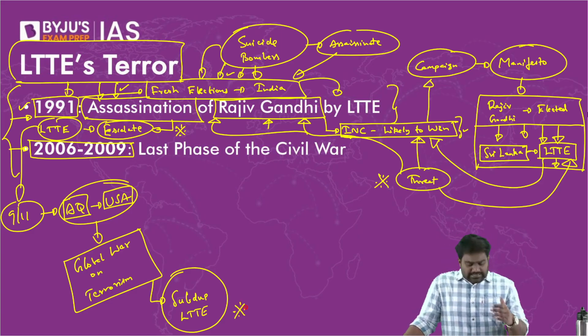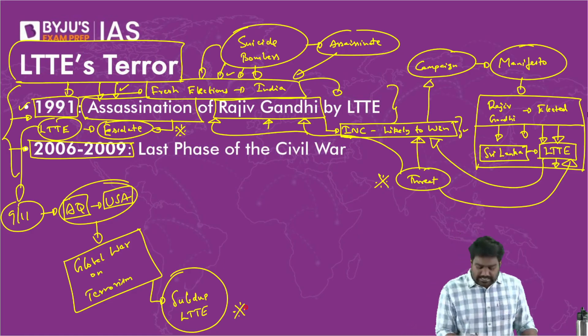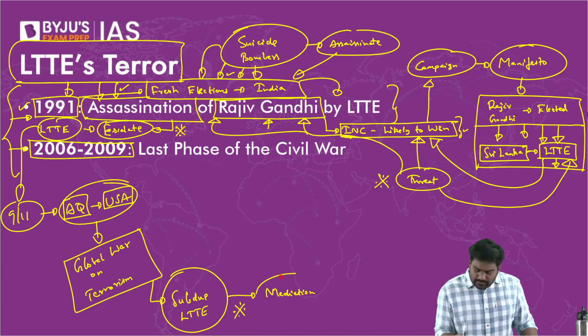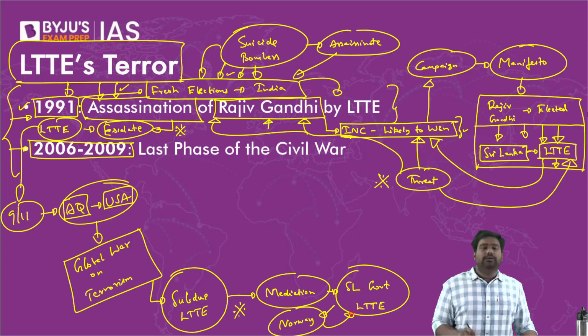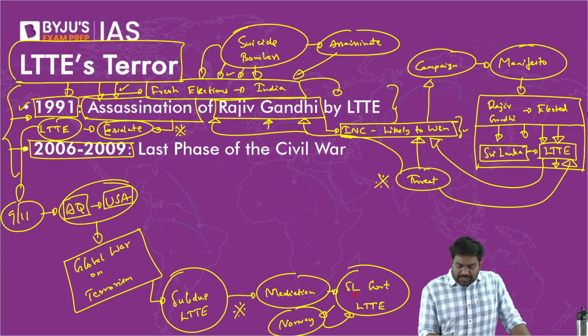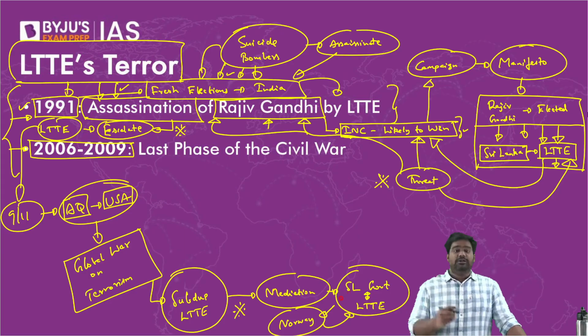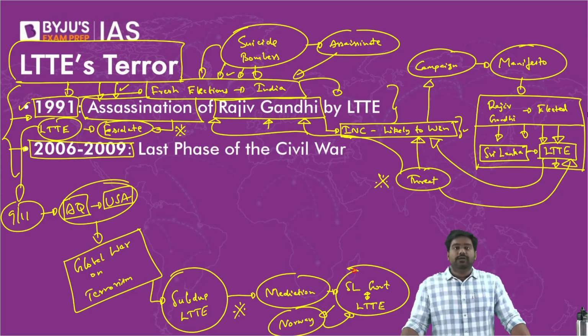And as the LTTE weakened slightly by 2003, negotiations had started. A mediation had started between the Sri Lankan government and the LTTE to try and resolve this conflict. Norway was acting as a neutral mediator, and it was helping the Sri Lankan government and the LTTE reach a negotiated settlement.